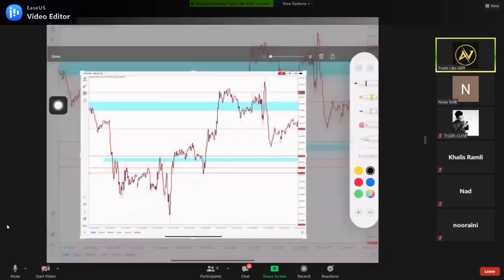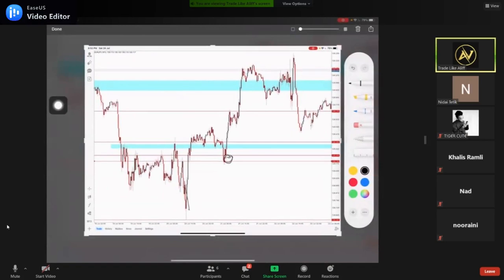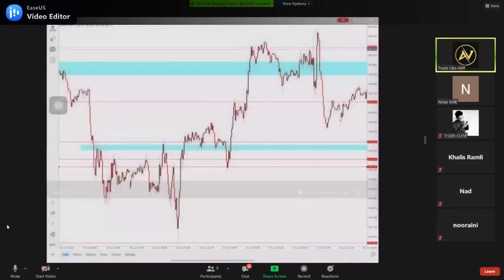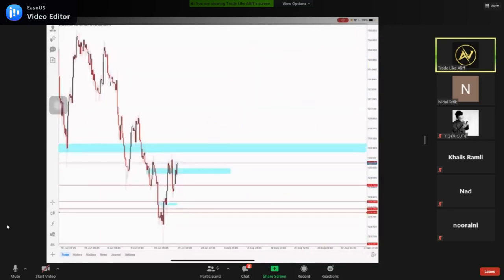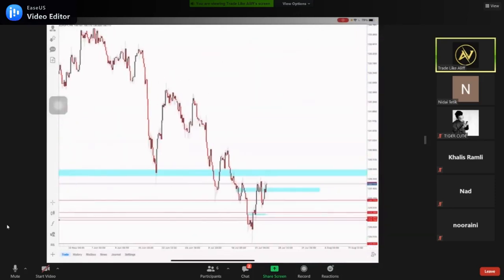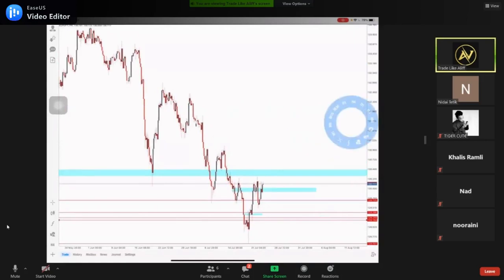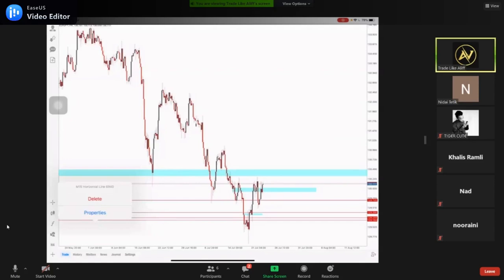Breakout, entry. I always wait for the second movement, for the second entry. So now you can see that on EuroJPY, my target for next week is a sell.